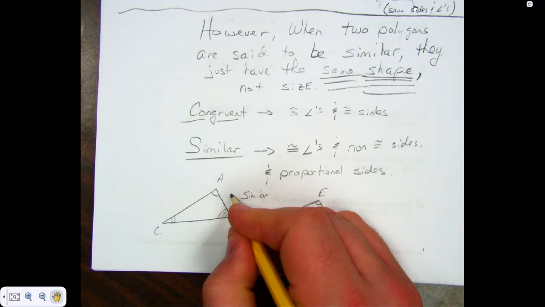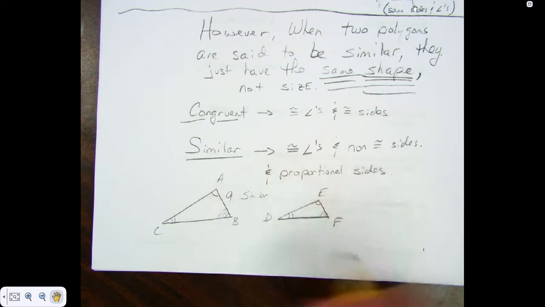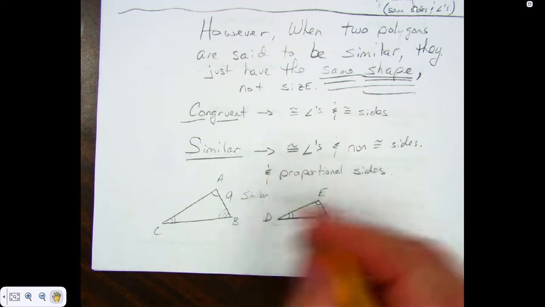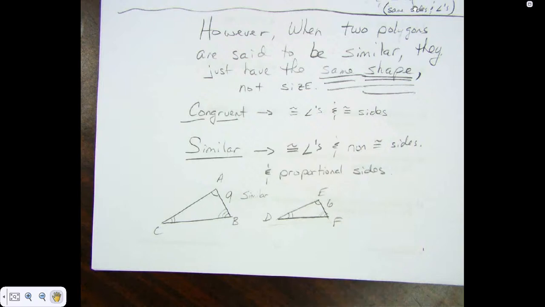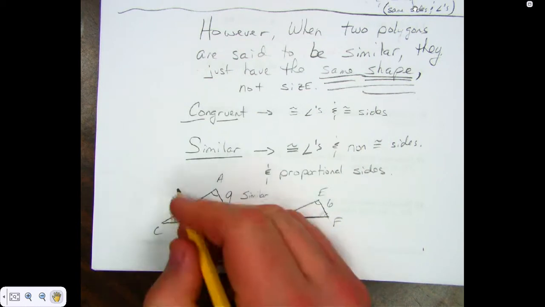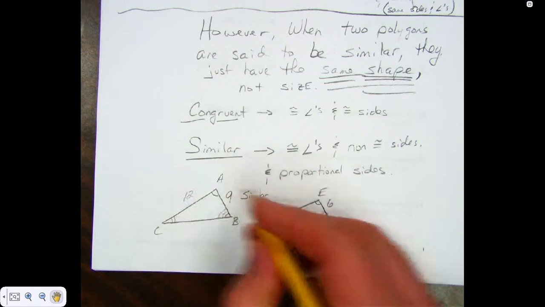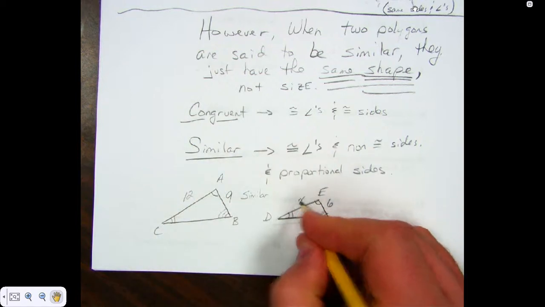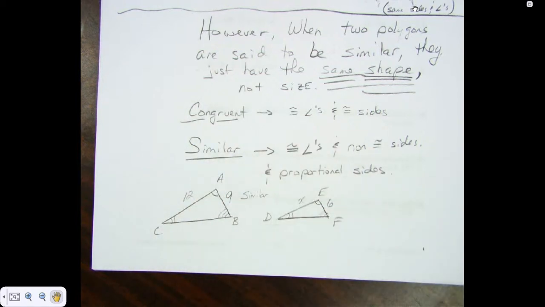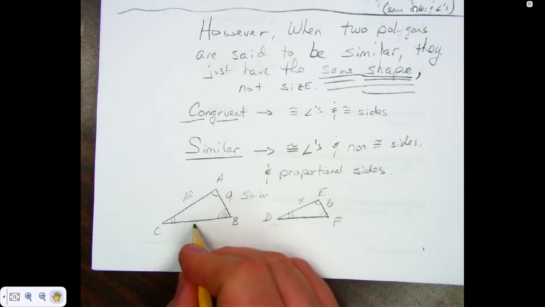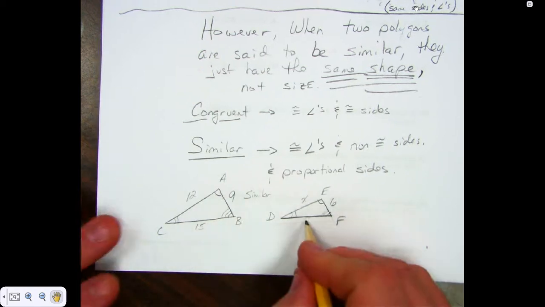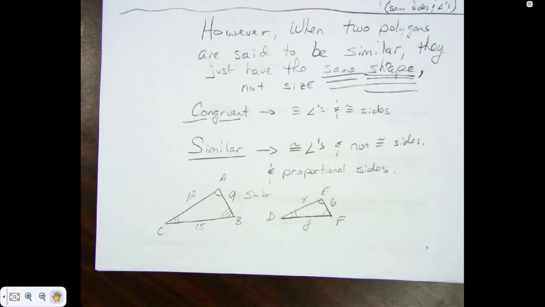Right now, I'm going to say the length of this side is 9. The length of this one is 6. I'm going to say the length of this one is 12. Then this one is X. I'm going to say this one is 15, and this one is Y. They're not similar?